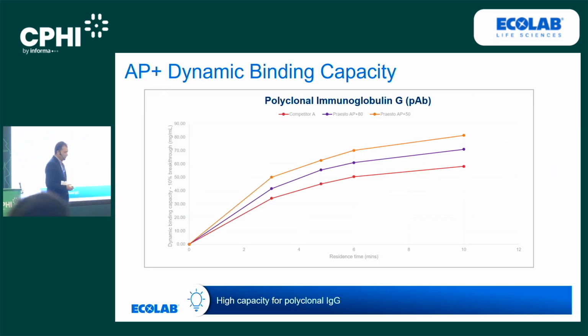When the scientists go to the lab, they're aiming to answer a few questions, no matter if you're thinking on a second generation of process or you're developing a fully new process from scratch. One question is, how much protein can I put on this resin? This is binding capacity.